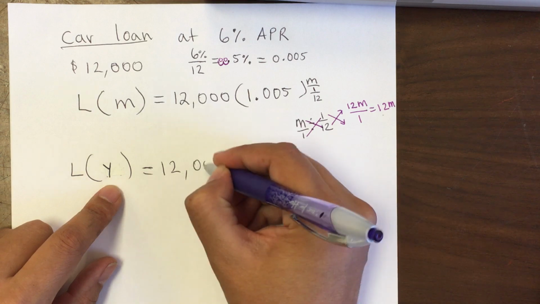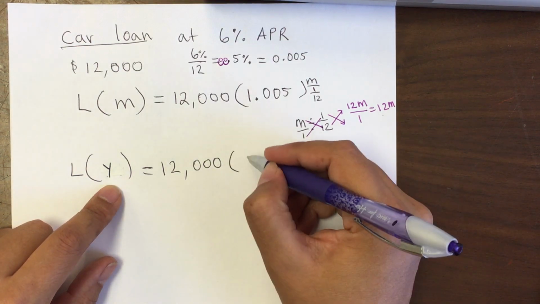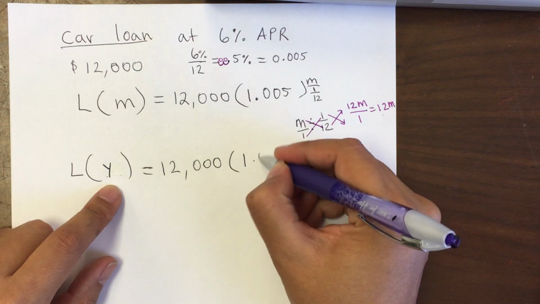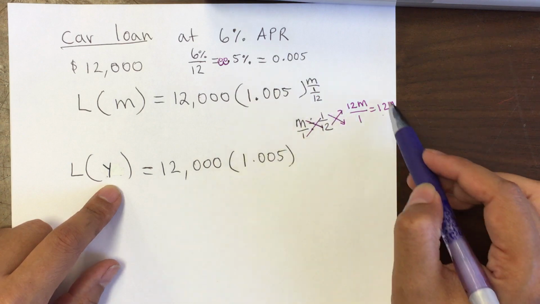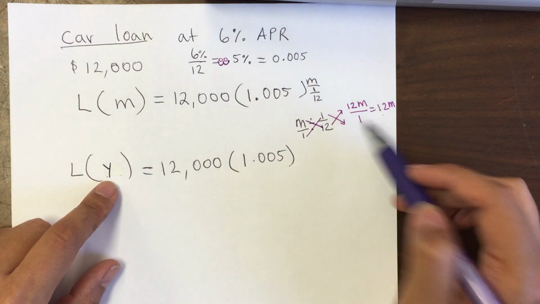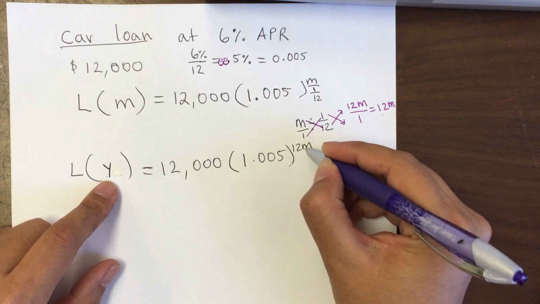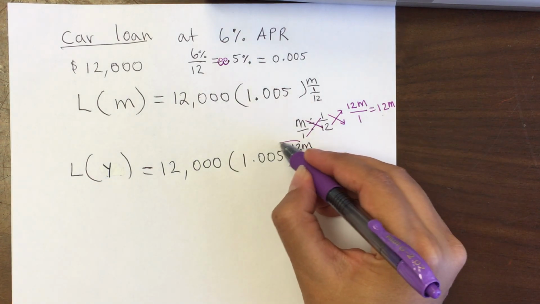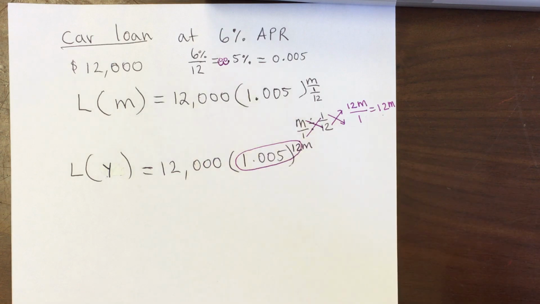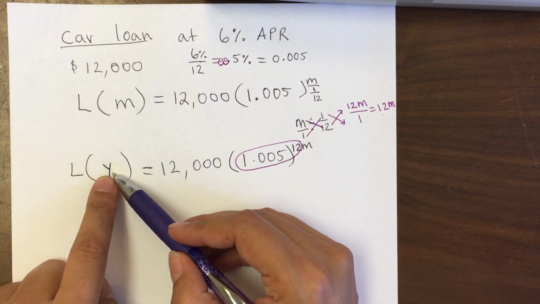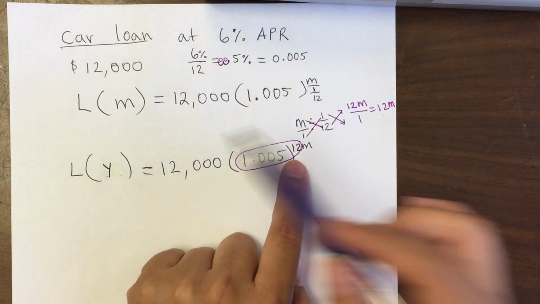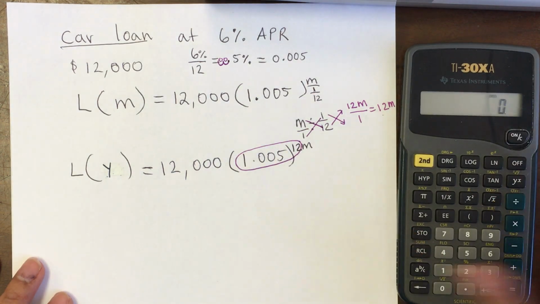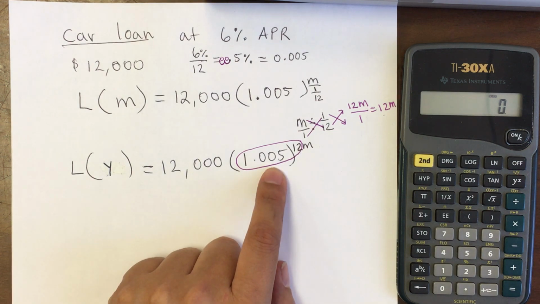It's going to be 12,000 times 1.005 to the, again we're trying to figure out per year how much that is, so we're going to put the 12M, and we're going to raise this base for the 12 months, so that I know in 1 year how much I'm paying. 1/12 means every month, but then we're trying to figure out for a year.